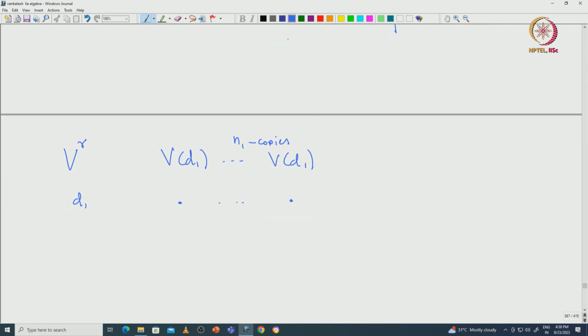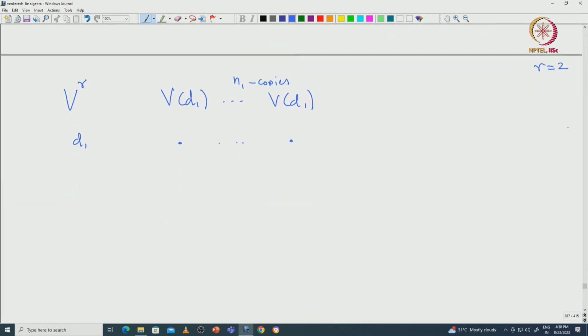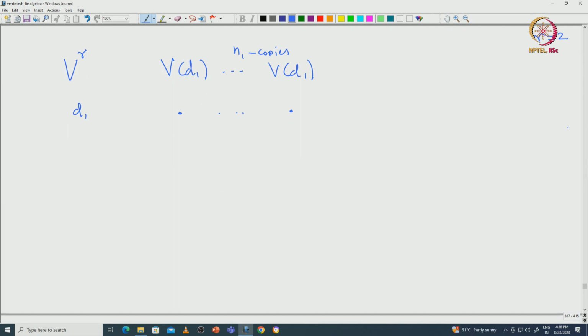For simplicity, let us assume r equal to 2. I will explain what is happening for r equal to 2, which more or less explains everything else. Now if you go to V_d2, d1 is definitely greater than d2, so the d2 will appear somewhere here. This is V_d2, and so on. How many copies is this?